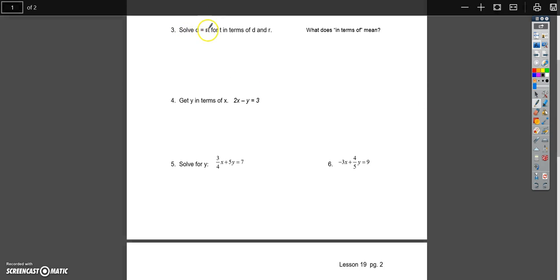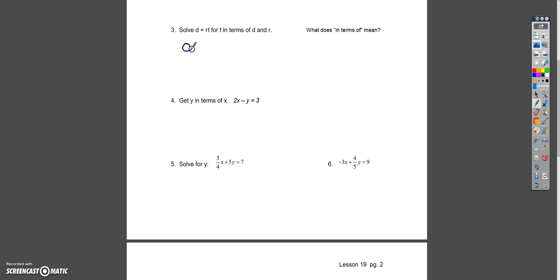Okay. Solve d equals rt for t, so that means we need to get t by itself, and d and r are going to be in our answer. So what is r doing to t? It's multiplying, so the opposite would be to divide. What you do to one side, you have to do to the other.